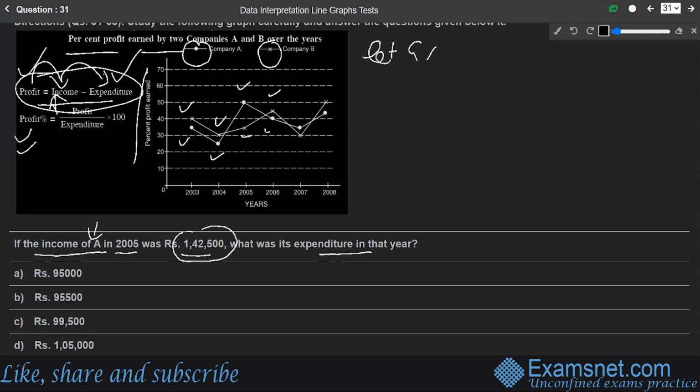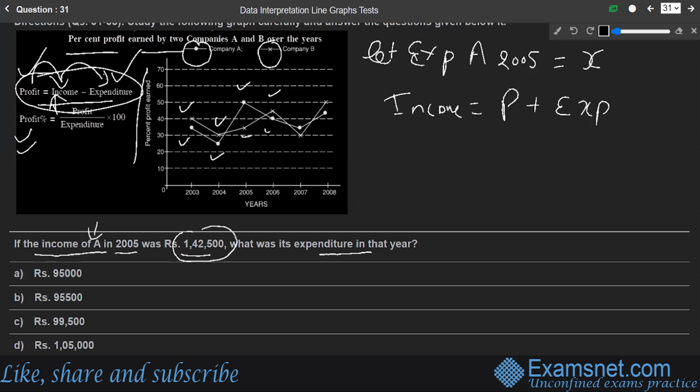Let's say the expenditure of company A in the year 2005 is rupees X. Let us assume it like that. Now, how have they made the income? Obviously, if you use this formula, income is profit plus expenditure.